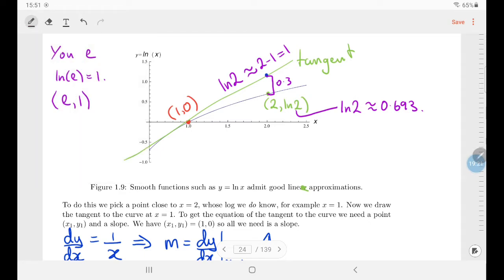Now, the other thing I was going to say, something that's very important as far as I'm concerned here, is approximating percentage errors. It's something I'm going to ask you to do a couple of times.